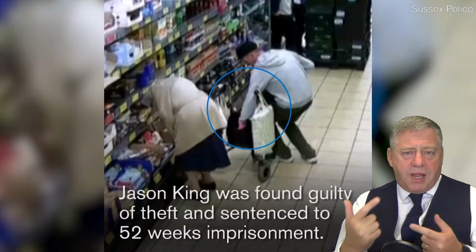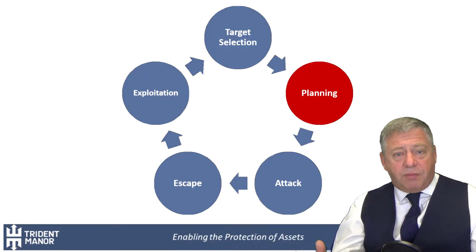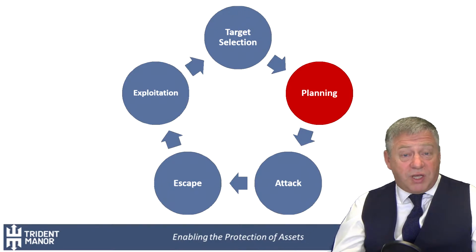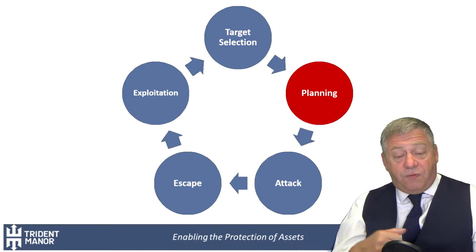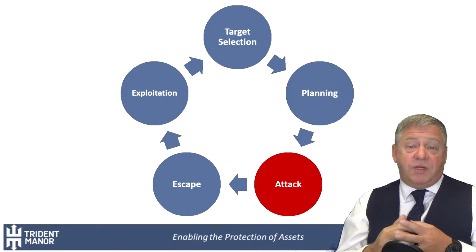So that planning can be very dynamic. It can take a matter of minutes. In some cases, terrorists plan for months or years, revisiting two or three times, reevaluating their attack plans and taking it forward. The next stage is the attack phase.